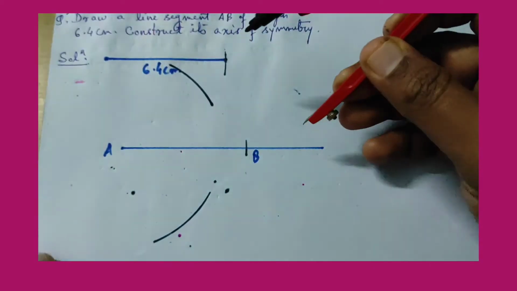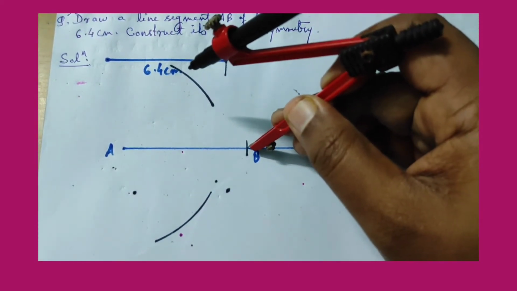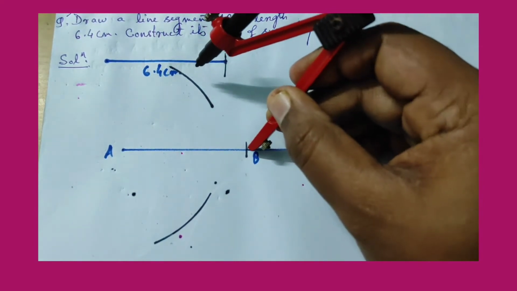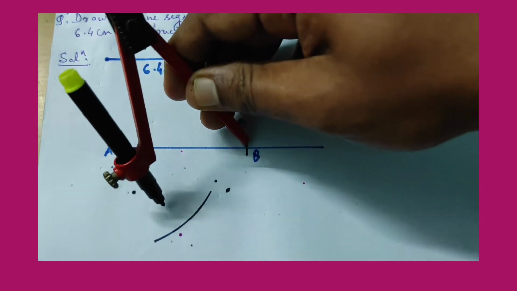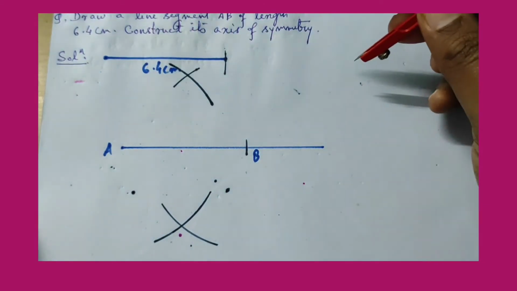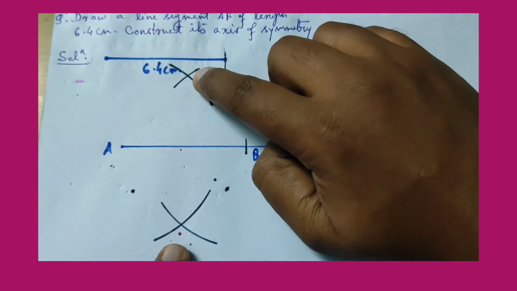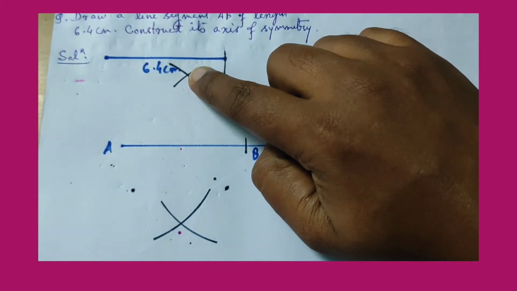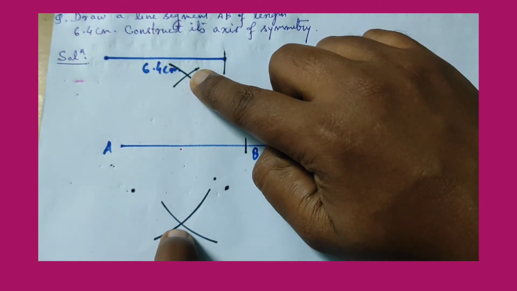Similarly, two more arcs we have to draw, putting the needle at the point B, such that it cuts the previous arcs like this and like this. Okay, so easily you can see that here we have got a point of intersection and here one more.